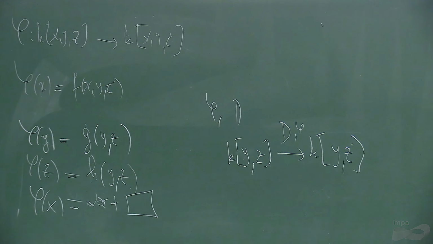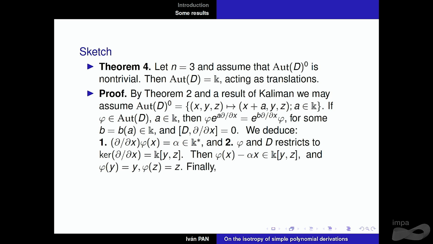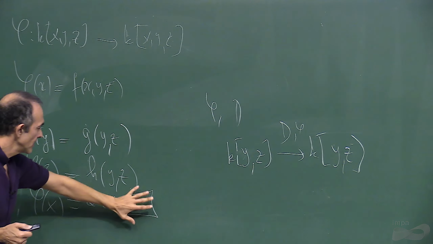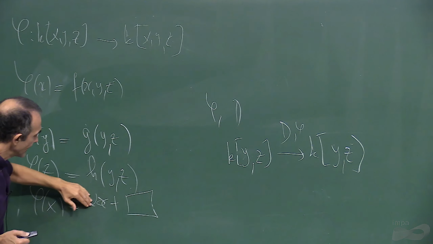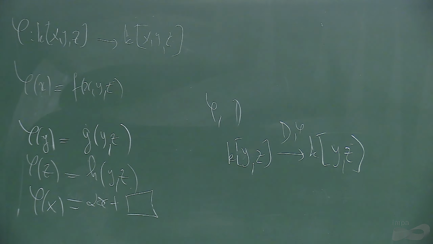And then, by the result in dimension 2, this is the identity. And a posteriori, the only possibility is a translation. One may see that this part disappears, or it's a constant, in fact, and this is 1 by calculations.